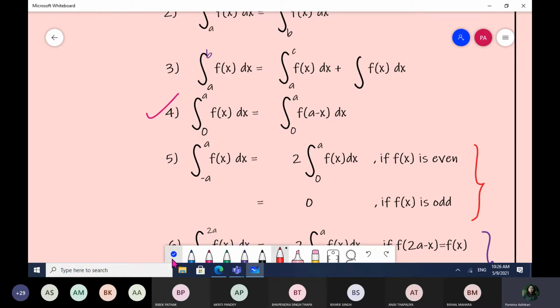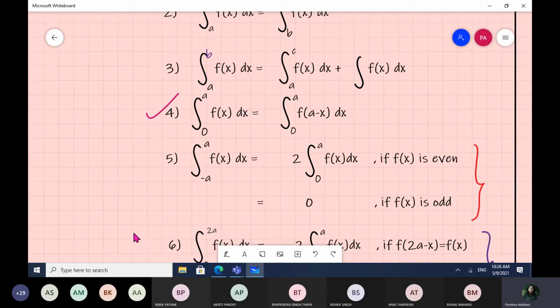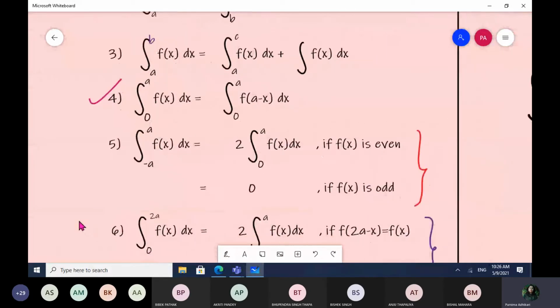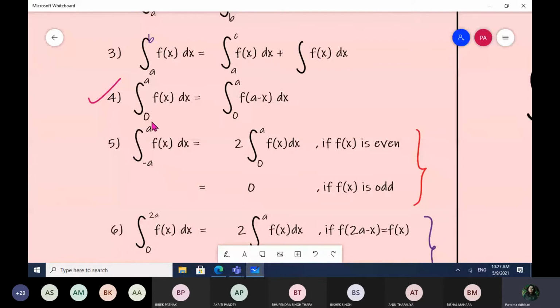Now the fifth property. What does this property say? We are going to apply this property when we have limits of integration like this, minus a to a. So let's say minus pi to pi, minus 3 to 3, minus 100 to 100, and so on. If your limits of integration are like this, then we can use this property.